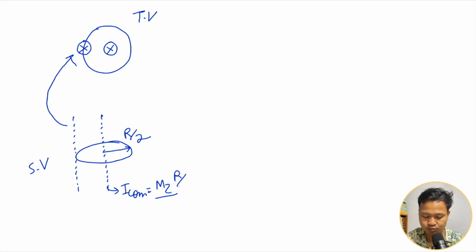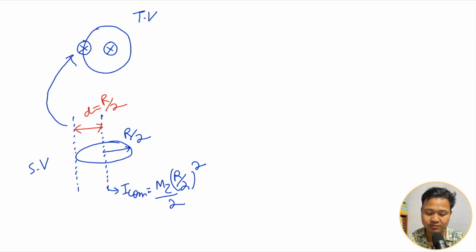r by 2, whole square, divided by 2, that is mr square by 2. Let's write d, so d is equal to r by 2. The small disc has radius r by 2, so its moment of inertia about the given axis is I2 equals I_COM plus md square.